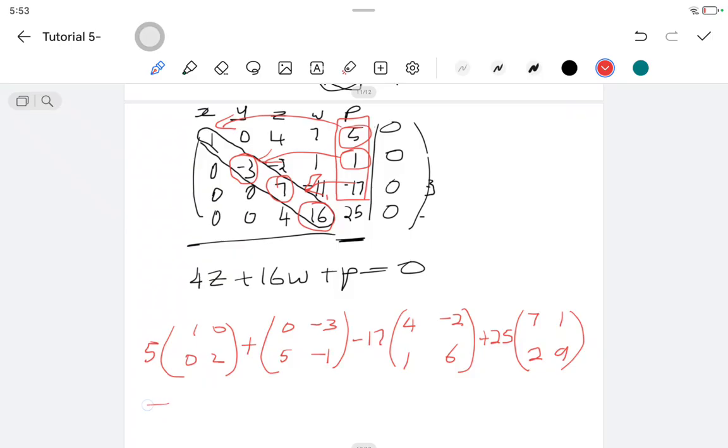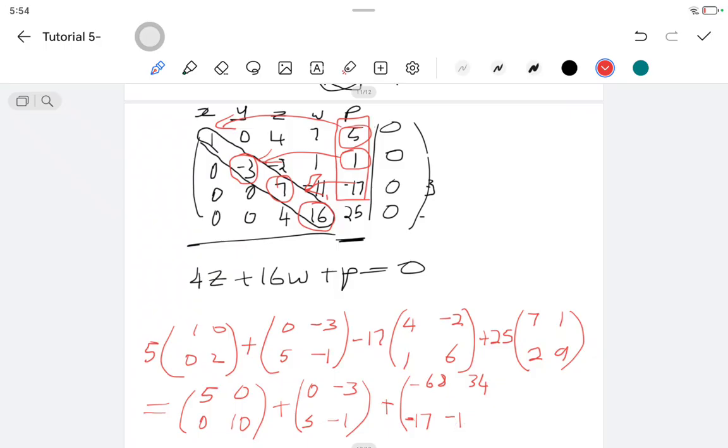So when we have this linear combination, this is going to be 5, 0, 0, 10, minus 3, 5, minus 1. What is 17 times 4? Minus 68. 17 times 2, 34.